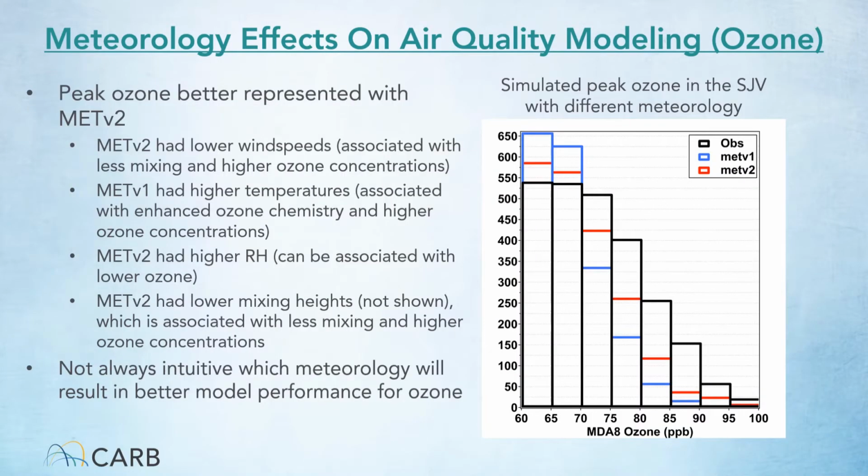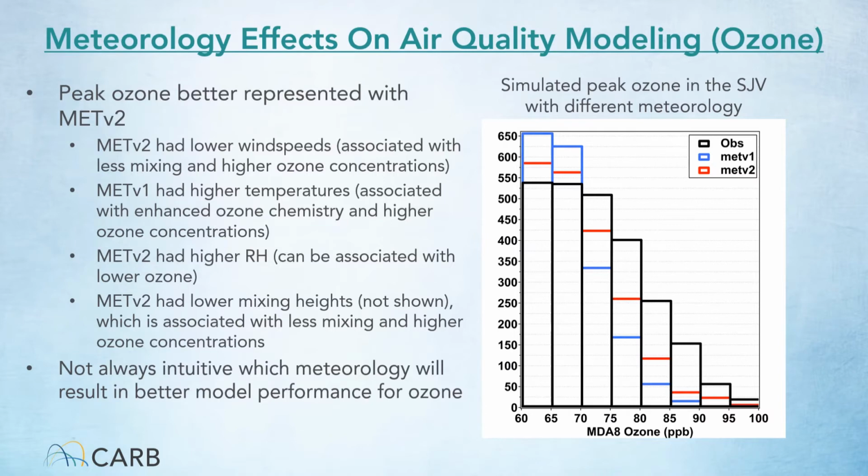When we give the two model runs as input to the air quality model, we see that peak ozone is better represented with the second model run, because the second model run had lower wind speeds associated with less mixing and higher ozone concentrations, while the first model run had higher temperatures associated with enhanced ozone chemistry and higher ozone concentrations.